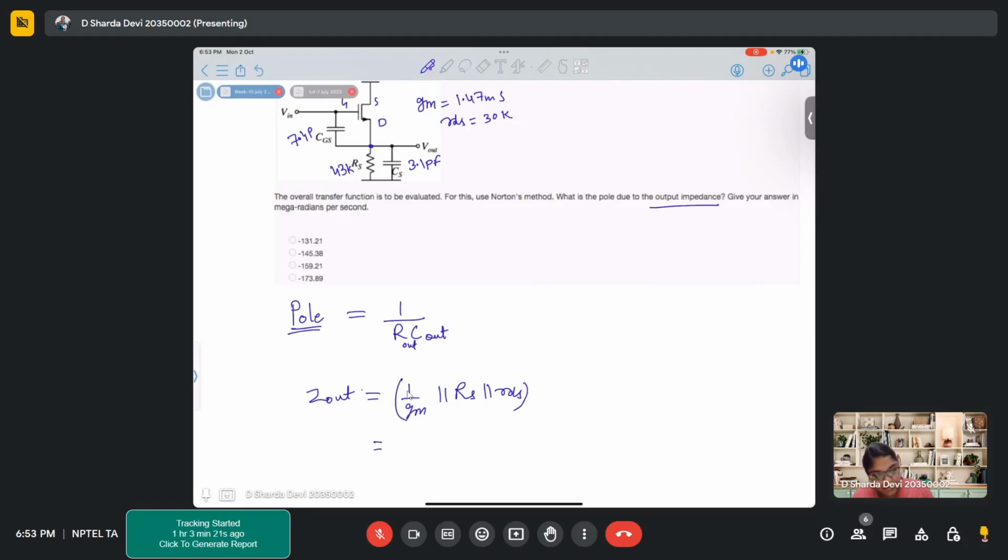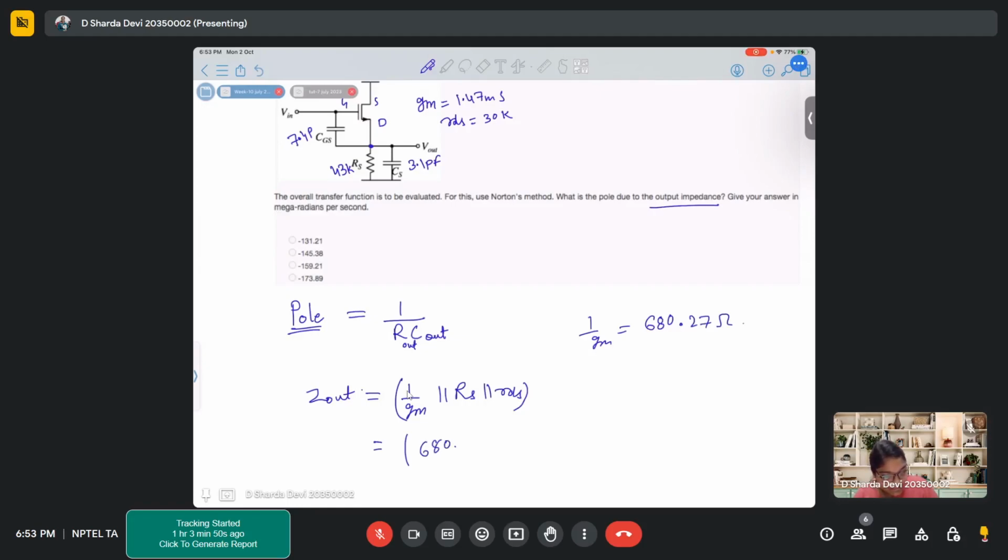So now here we know the values. 1 upon Gm is given, so from there we can get 1000 by 1.47. So 1 by Gm is 680.27 ohms.